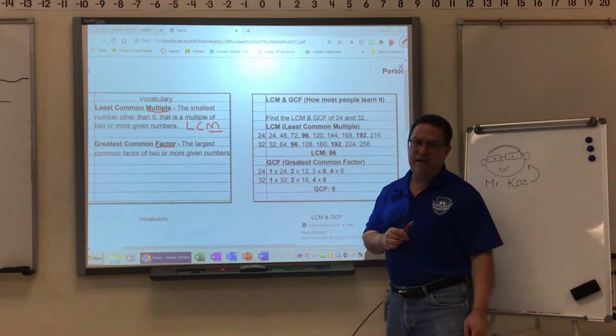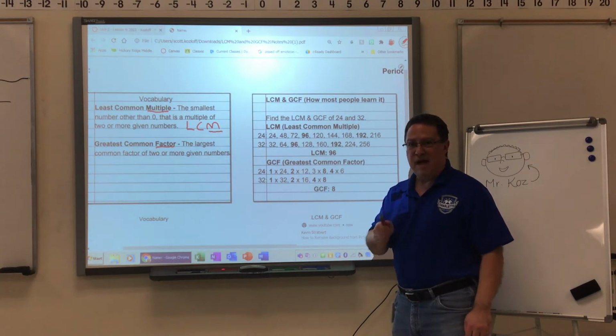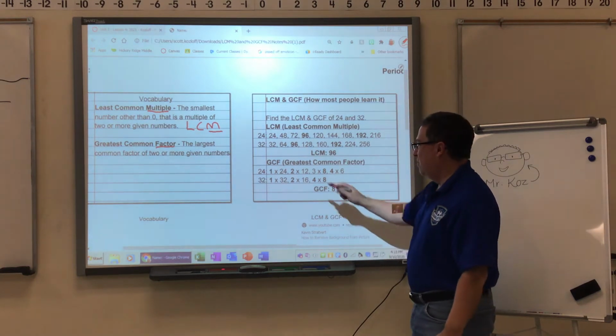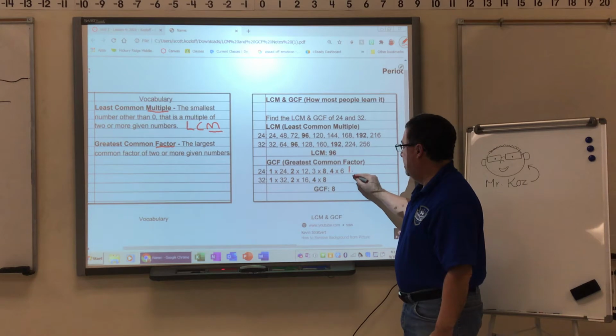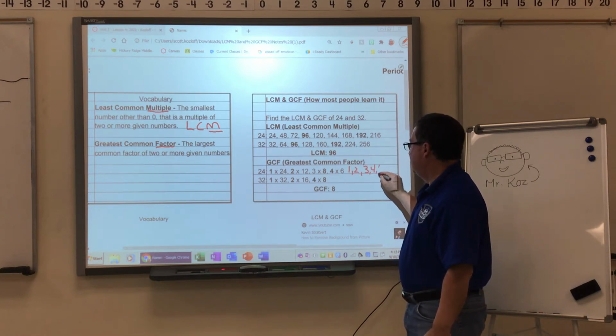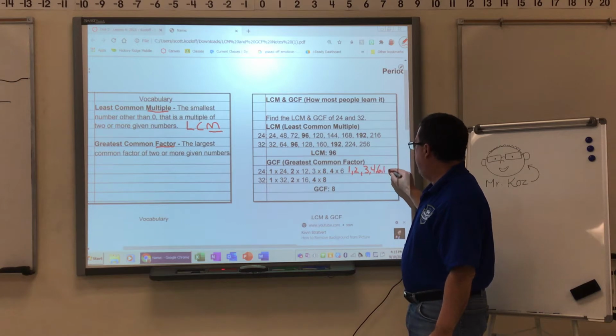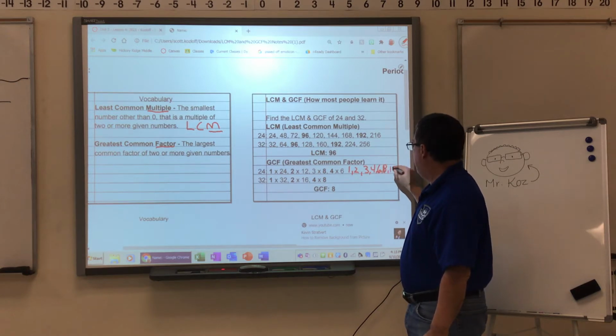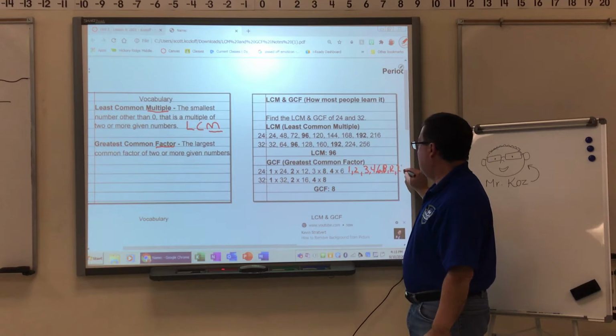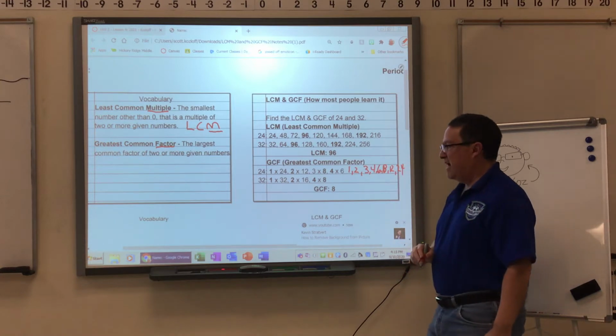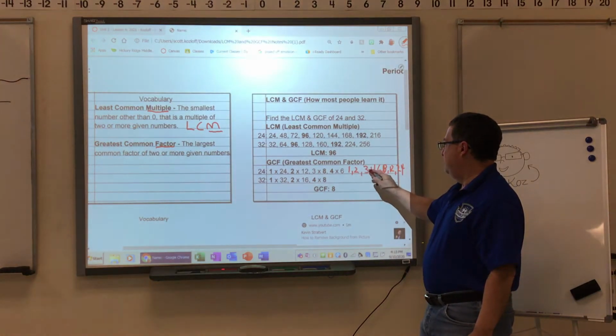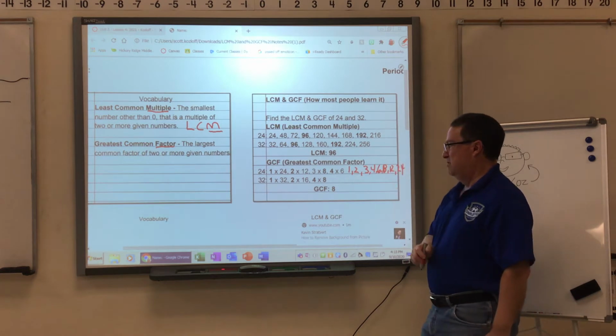All of those combinations give you factors of 24. In other words, 1, 2, 3, 4, 6, 8, 12, and 24. Those are all factors of 24.